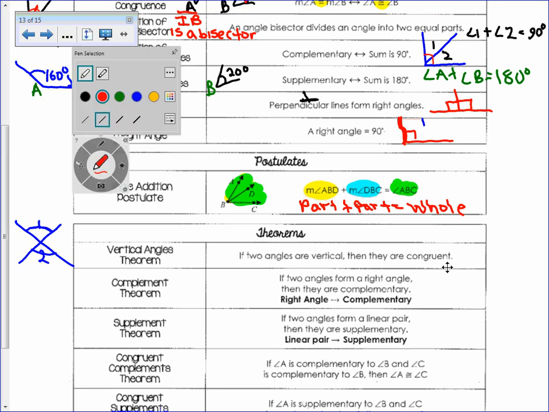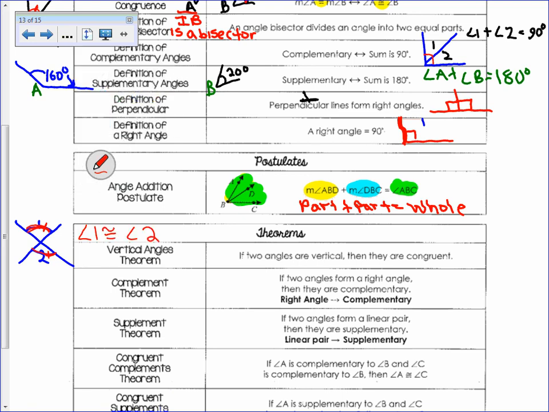So I'm just going to go back through and do it in red. Angle 1 is congruent to angle 2. And no matter how you turn that, any angles that are opposite to each other are congruent angles. These are vertical angles.